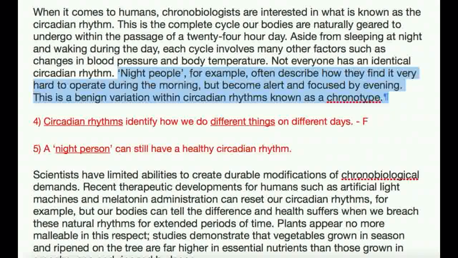Now, it could be tempting for this question to put not given by reading that, because that tells us we talk about a morning person or an evening person, somebody who can work better in the evening or work better in the morning, but that doesn't tell us whether they have a healthy circadian rhythm or not. So it could be tempting to put not given.